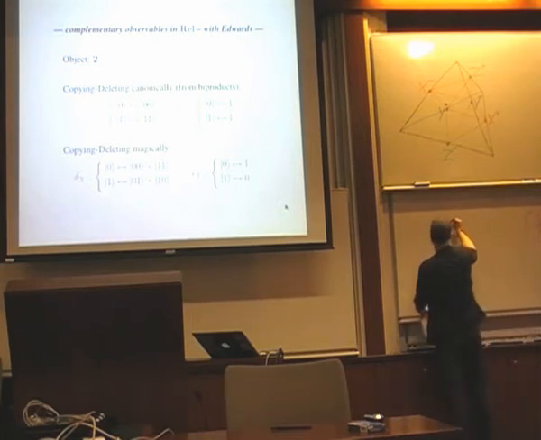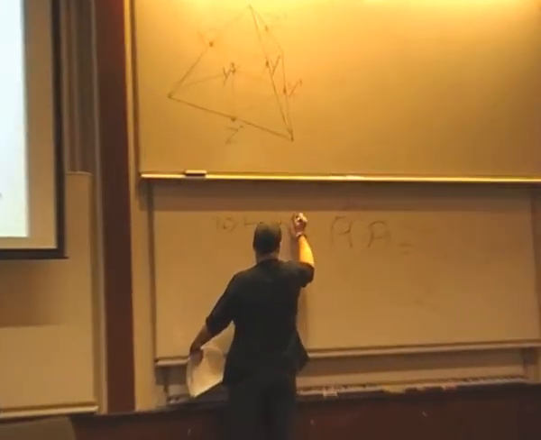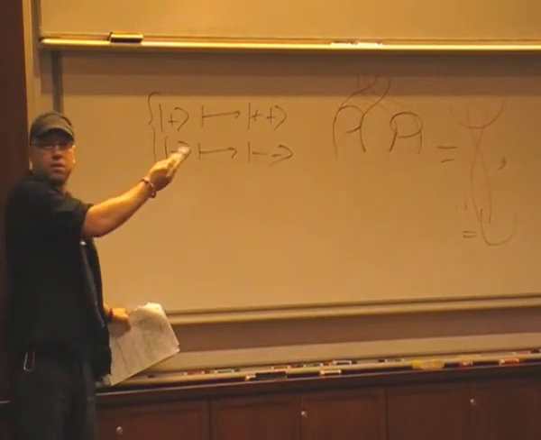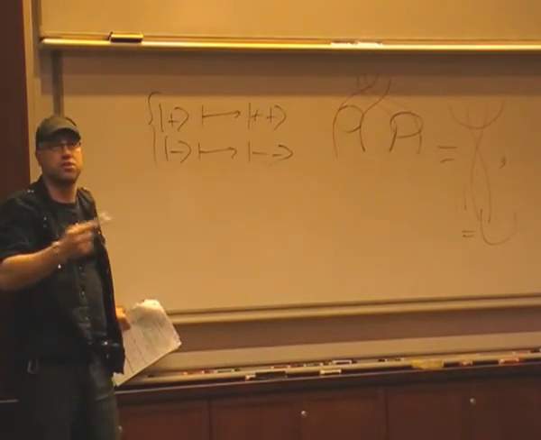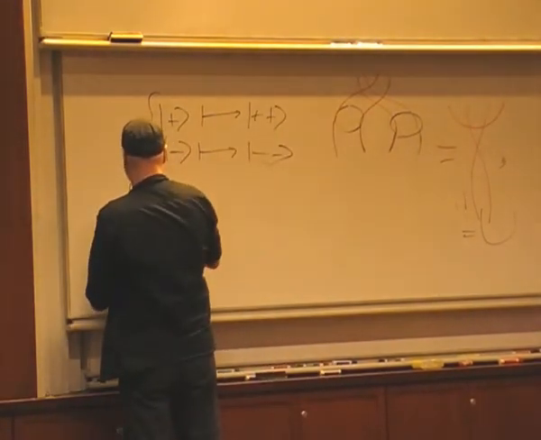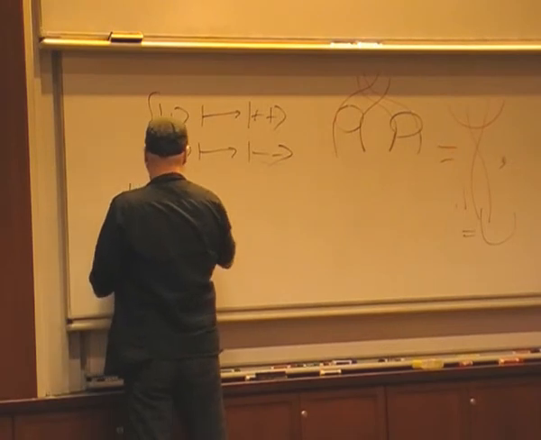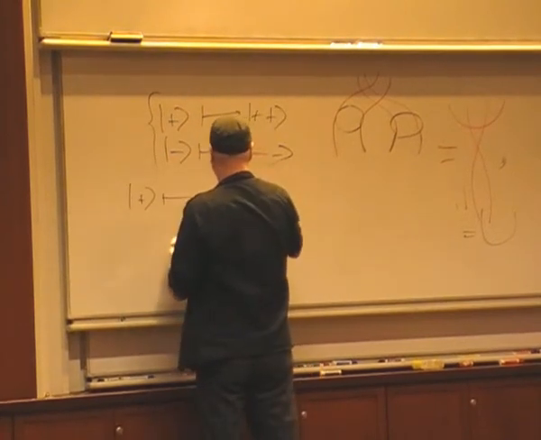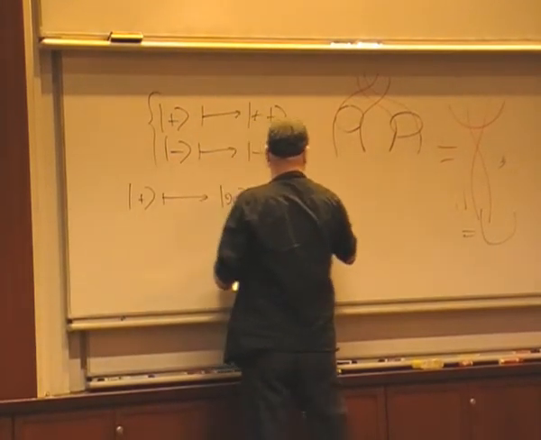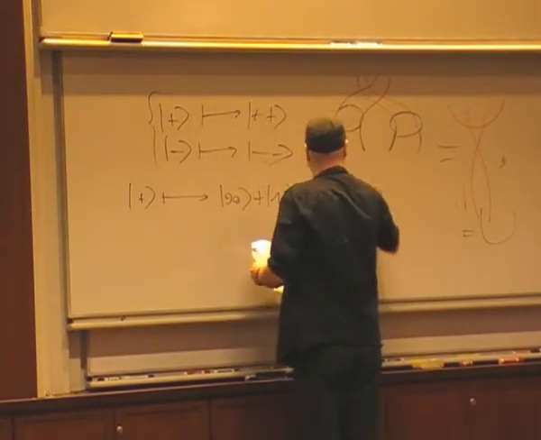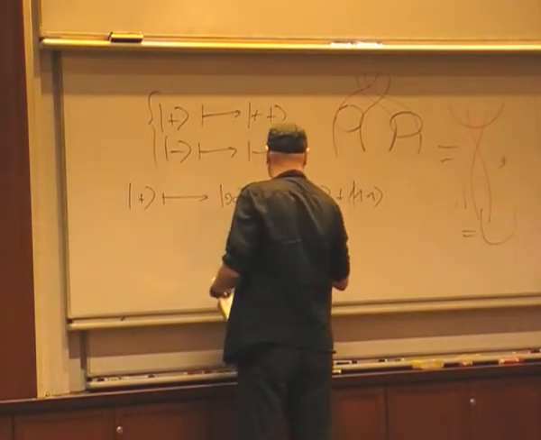So in Hilbert spaces, we would have this as a canonical copying relation. You copy the basis plus minus instead of 0, 1. Now, if you fill in these values, then plus is mapped to 00 plus 10 plus 01 plus 11, which is plus, plus.